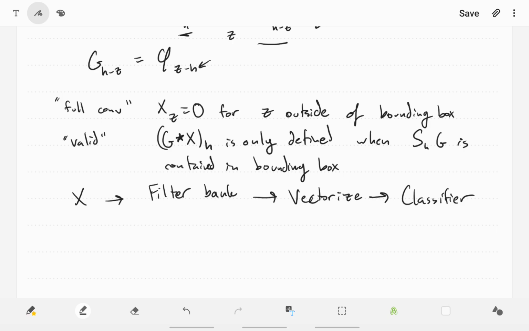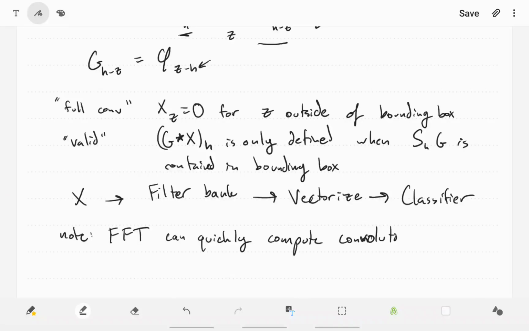Now it turns out, a note, via the convolution theorem, you can apply the fast Fourier transform. So the FFT can quickly compute convolution.